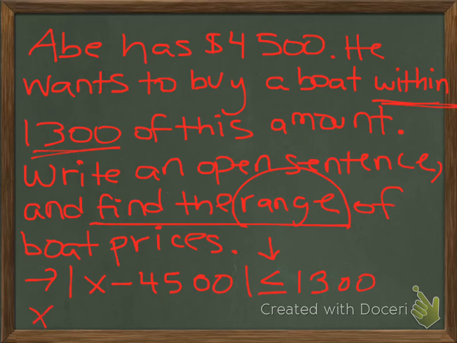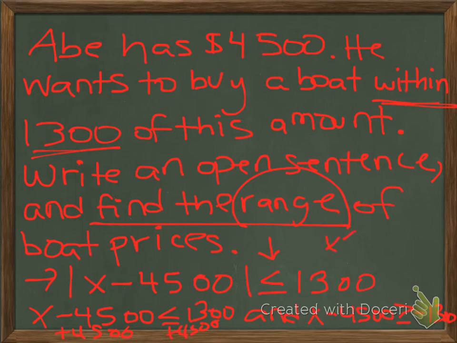So we set it up as an and. We still have to flip the symbol and make the second part negative, but we have an and in between. So we're going to add 4,500 to 1,300. We get 5,800.